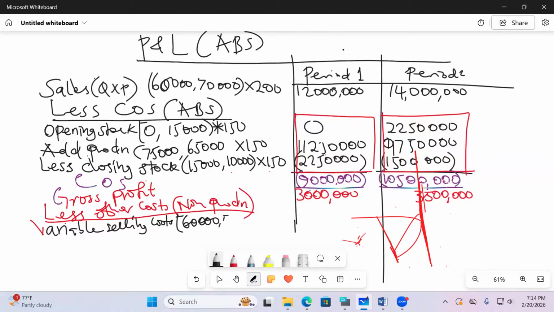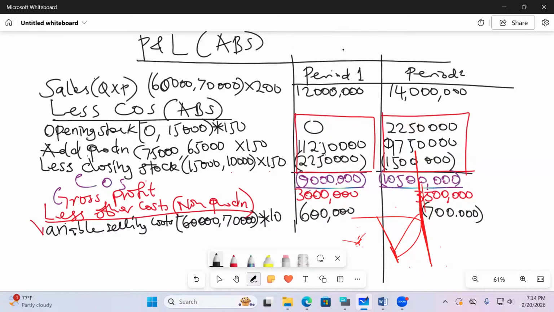And then 70,000. And do we know the variable selling cost per unit? 10. So this will give me 600,000, and 700,000.